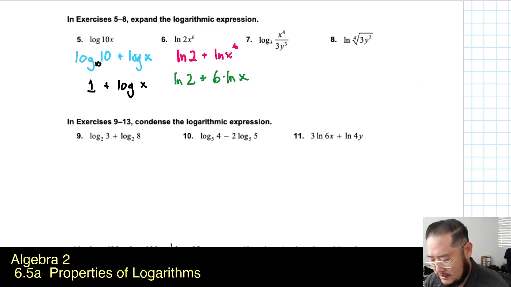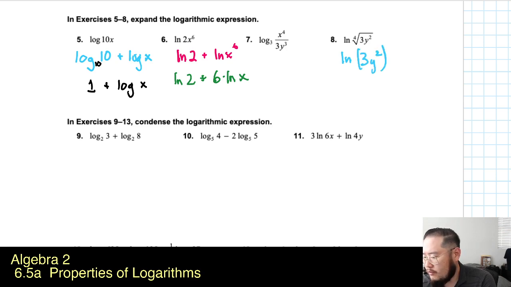All right, let's take a look next up at number 8. Let's see what we could do right here. I've got ln, and then we got the fourth root. So we haven't really dealt with radicals so far when it came to this, but hey, not a problem. Let's go ahead and rewrite this in radical form, let's go ahead and change that to an exponent, and that's going to be to the 1/4 power.